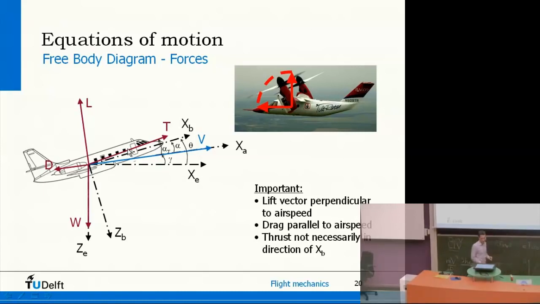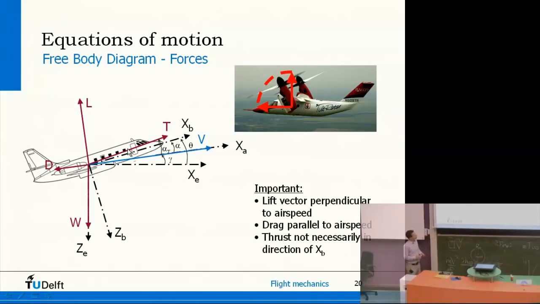And the weight is in fact also pointing slightly backwards with respect to the airspeed vector. And I should really have drawn the ZA axis in between these two axes, because the ZA axis is perpendicular to the airspeed.